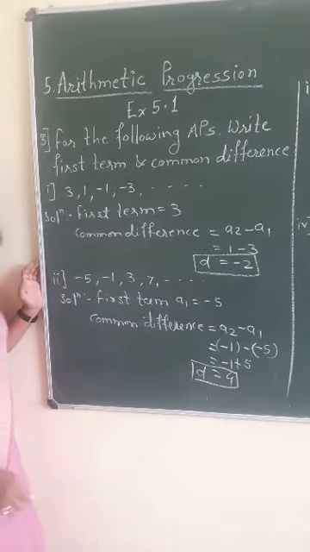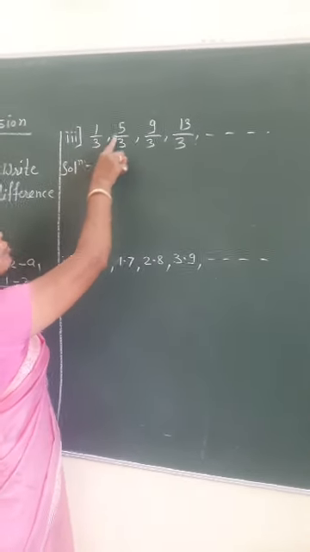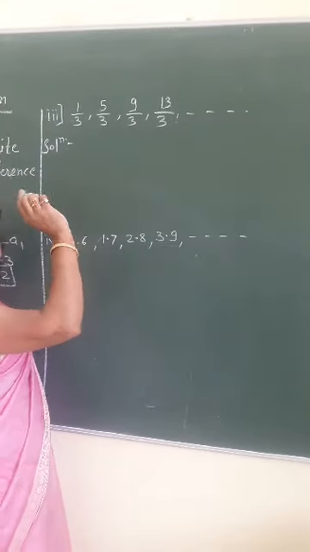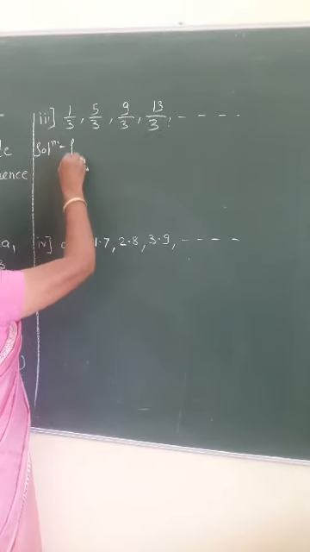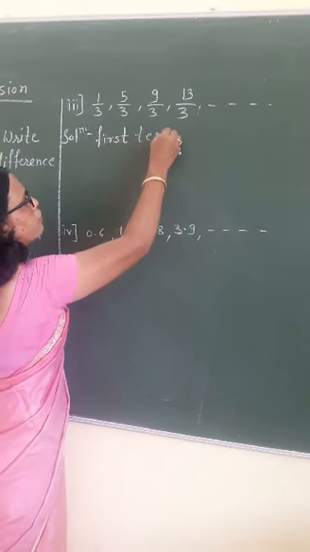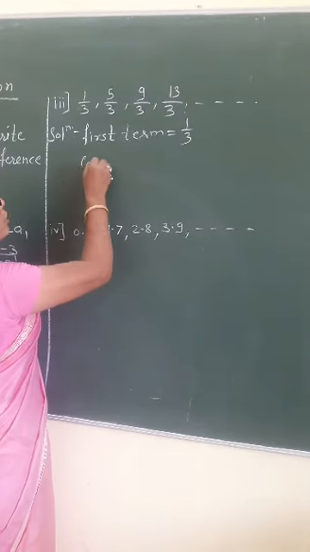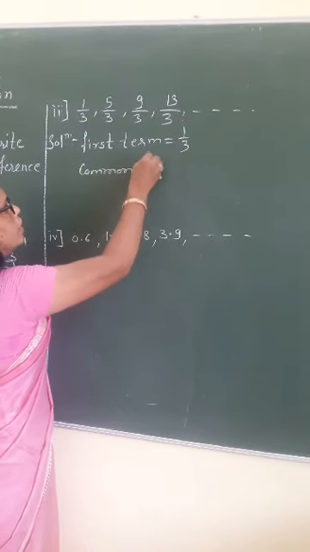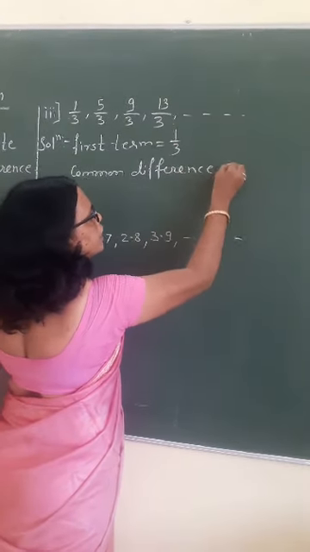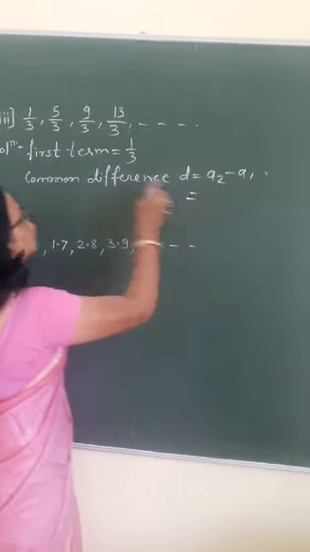That is 4. Third problem: 1 by 3, 5 by 3, 9 by 3, 13 by 3, dot dot dot. What is the first term in this AP? Yes, 1 by 3. What is the common difference? The common difference, which we are calling D, is A2 minus A1.